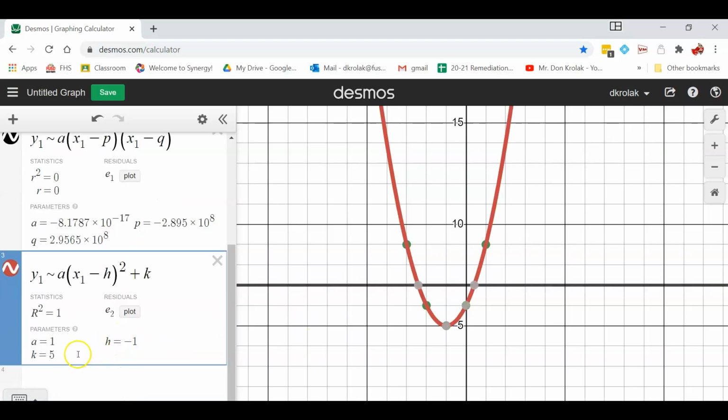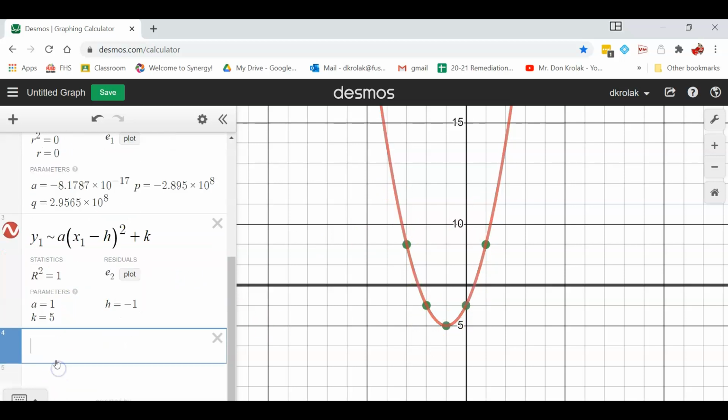There we go. Now, do you guys remember the Pearson correlation coefficient? The correlation coefficient is right here, and it says it's 1. When something has a correlation coefficient of 1 or negative 1, that means it's a perfect fit. The graph goes through every single dot on your graph.